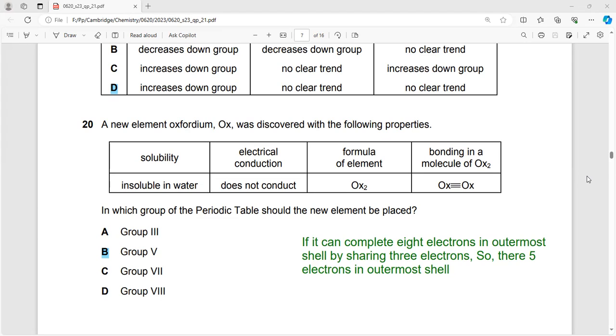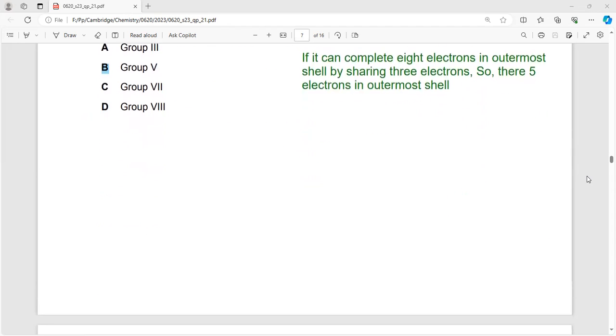So it got a stable electronic configuration like nitrogen. So it is present in group 5 because it shared 3 electrons to get a stable electronic configuration. Second, it's present in the form of a diatomic state like nitrogen. So we can say it belongs to group 5. So B is our correct option here.